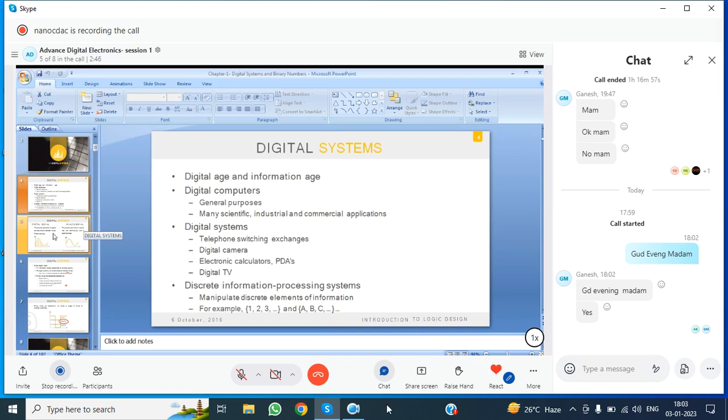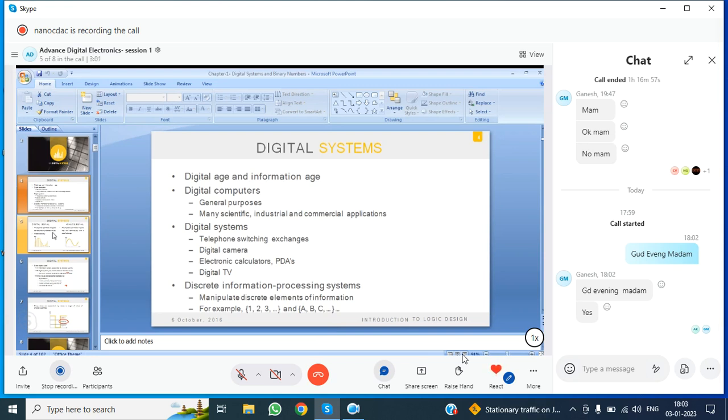In digital systems, only two logic levels will be there, so it is very easy to retrieve the data back.